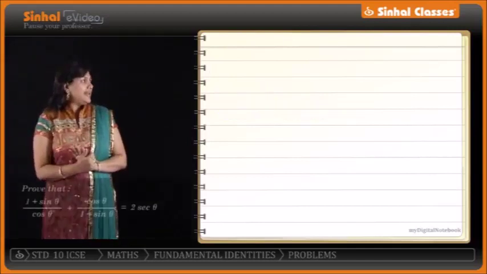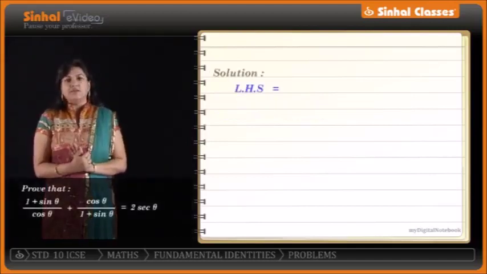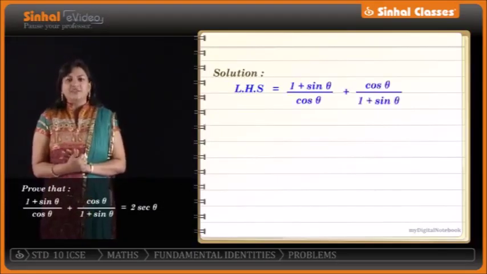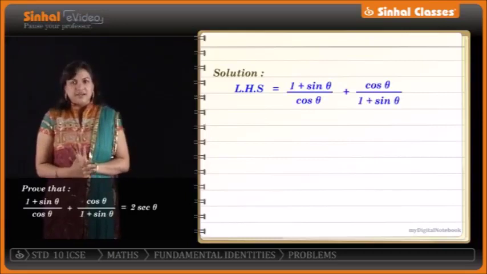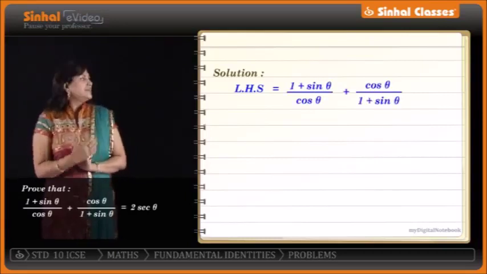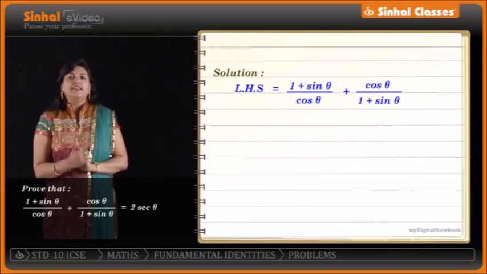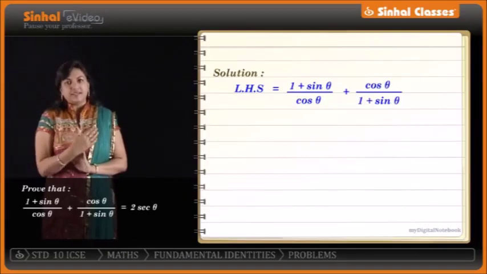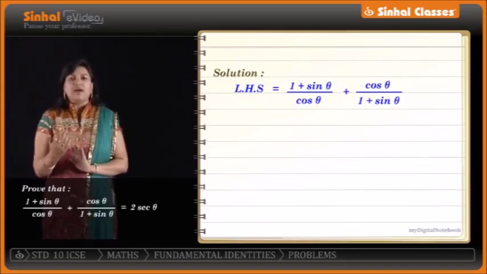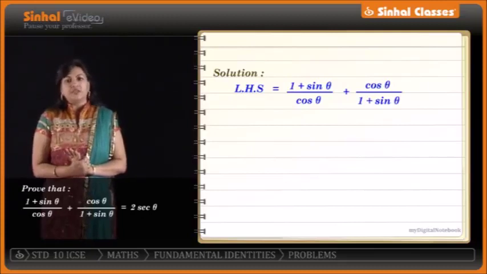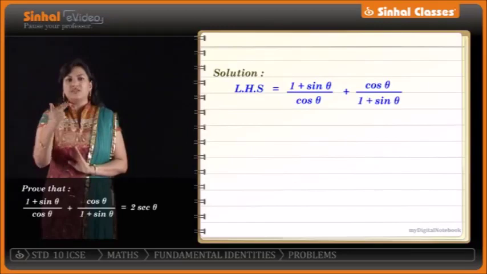Now if we look at LHS, in the second term we have the denominator as 1 plus sin theta. We can rationalize the denominator. But here you observe that in the numerator, in the first term we have 1 plus sin theta, which is same as the second term's denominator, and vice versa we have cos theta.